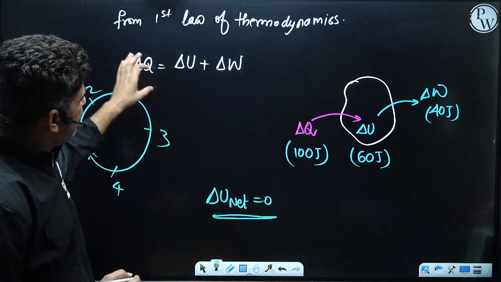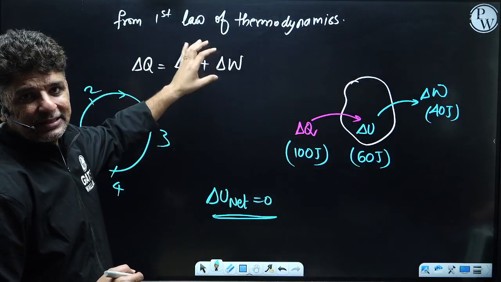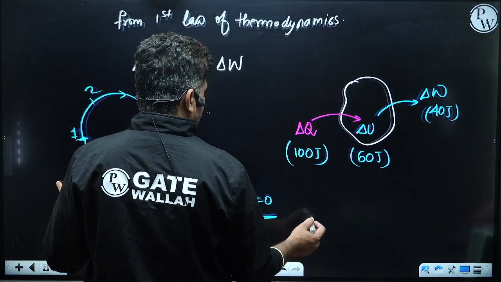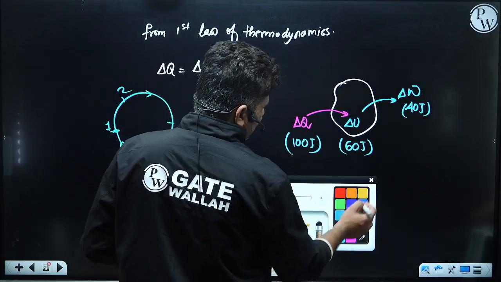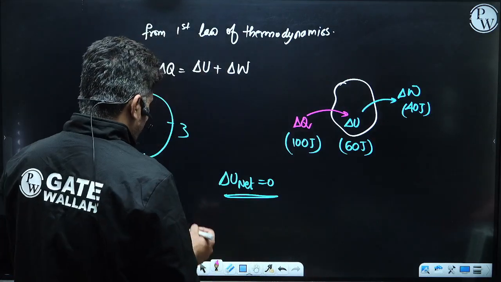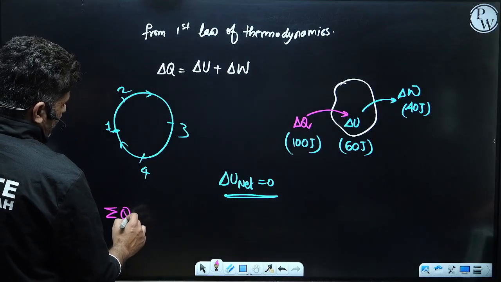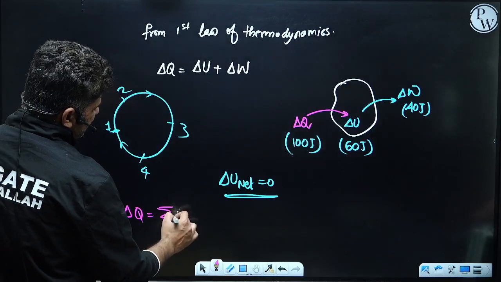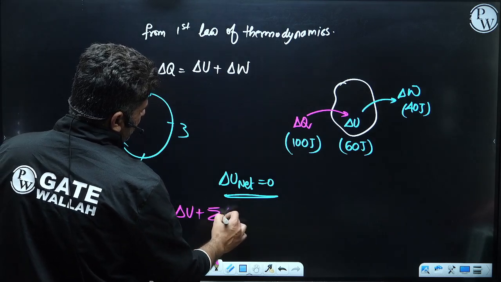So let's say if I have multiple cycles or multiple processes. For a cycle, the first law of thermodynamics, if I put it in the form of summation, if there are multiple processes happening, can be written as summation of delta Q equals summation of delta U plus summation of delta W. Okay.